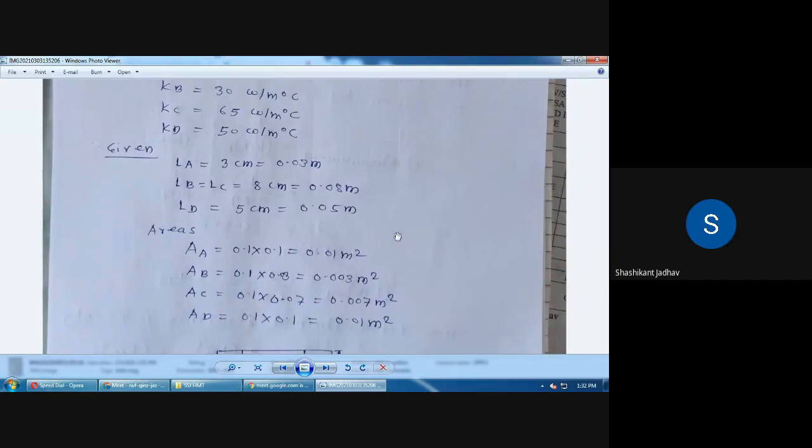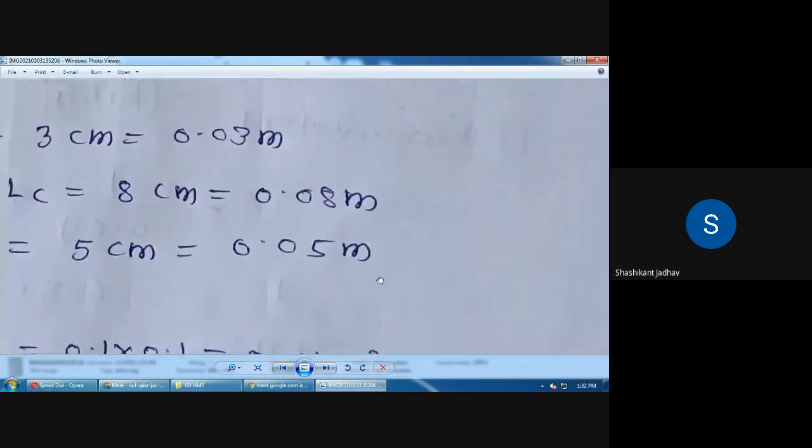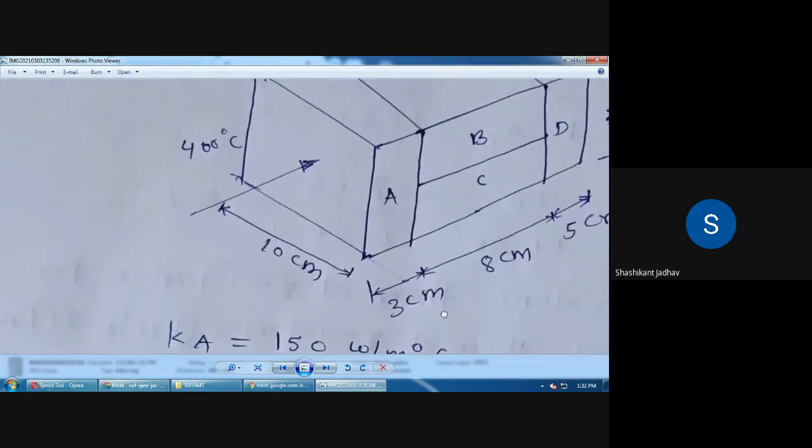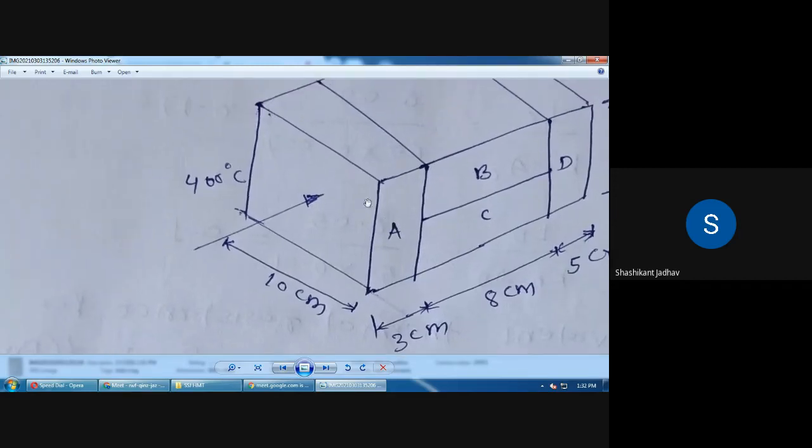So what is the area for layer A? Can anyone tell me? This is your layer A. Which area? The area which is normal to the direction of heat flow. Heat transfer takes place from here. From the front we only see this box labeled A, but actually heat transfer takes place from this section. So what is the area for this section?